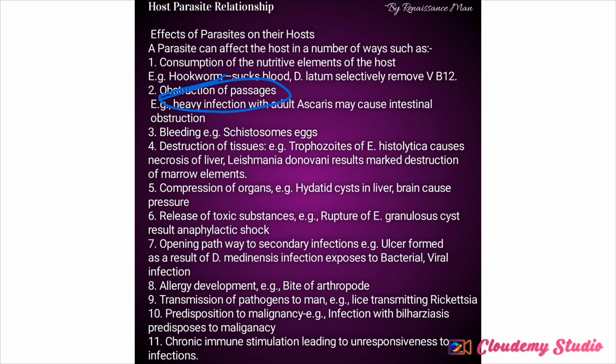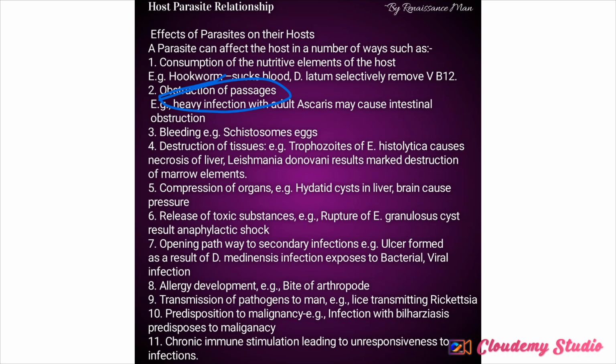They can cause bleeding, like Schistosoma haematobium, when someone passes stool, it is going to come out with blood. Destruction of tissues, they can destroy tissue, they can cause necrosis in the liver.